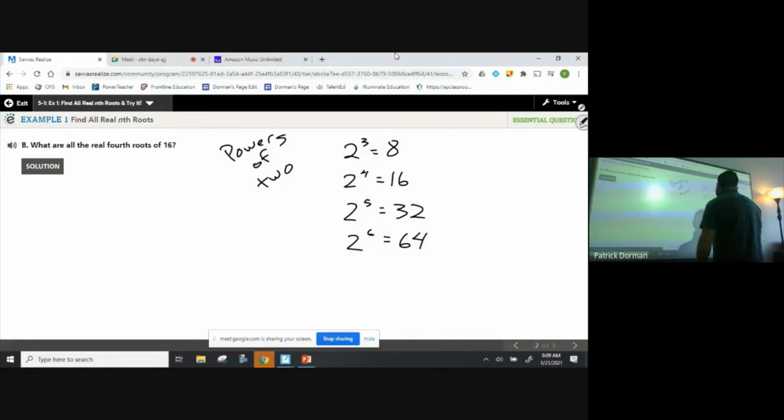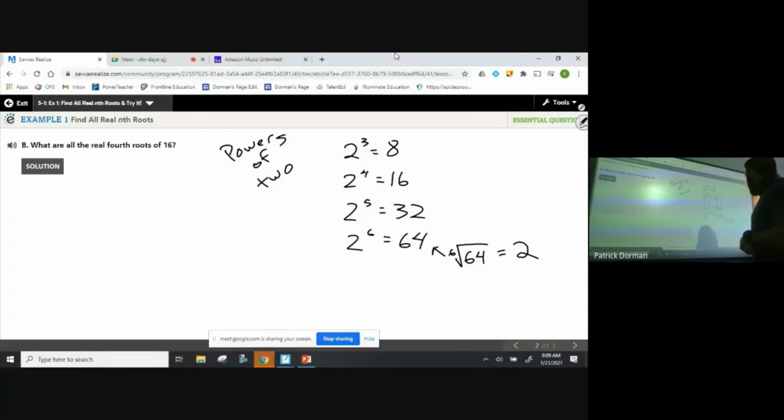You'll usually get problems that assume you understand that the sixth root of 64 is 2. That's what this is pointing out.